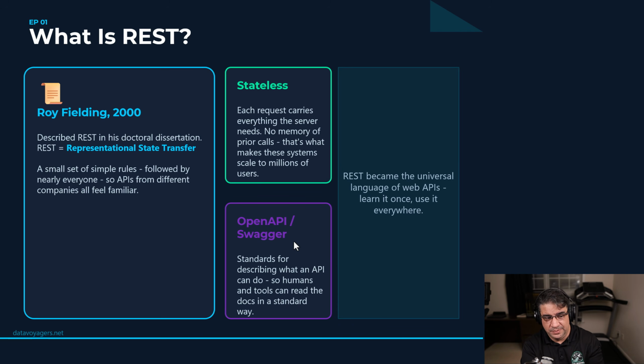One of the most important things about REST APIs is the stateless property. Each request, every time you ask something, you have to provide everything that the server needs. So your request is encapsulated in one single request. There is no memory in the server about any other calls that you have made.